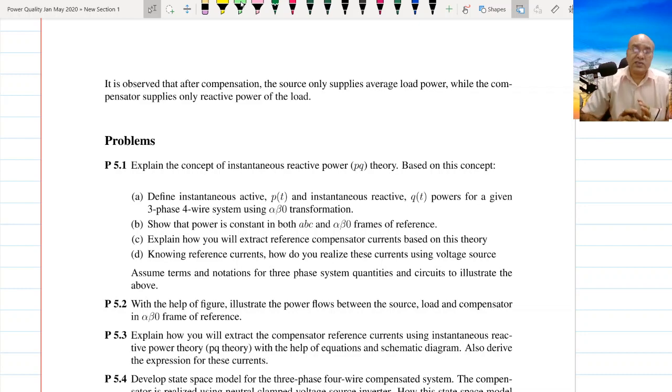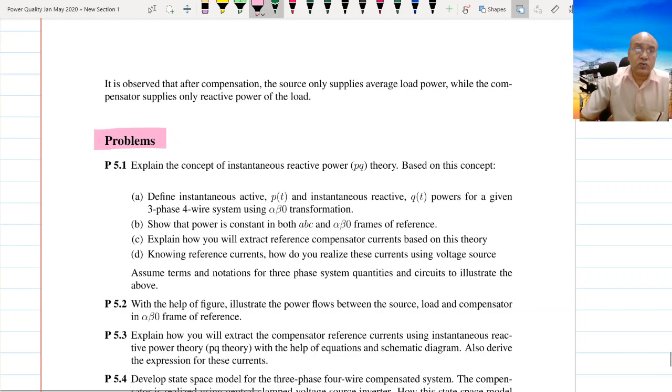Okay, so with this, I am completing this unit of the control theory for active power filters, and please go through all the problems during this time before you come to the institute or whenever the institute opens after 1 or 2 weeks. These problems have to be solved one by one.